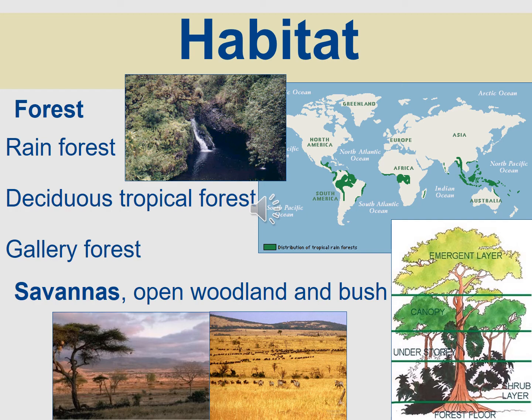Savannas or open woodland or bush, this is where you will see baboons. They're probably one of the only ones that are almost exclusively terrestrial, living on open savannas like the Serengeti Plain. But there are also baboons that live in the Ethiopian highlands that will be mostly on the ground at altitude.